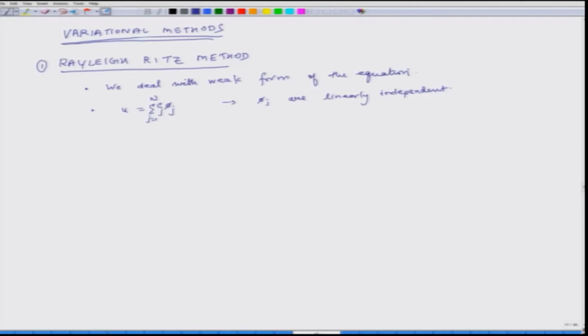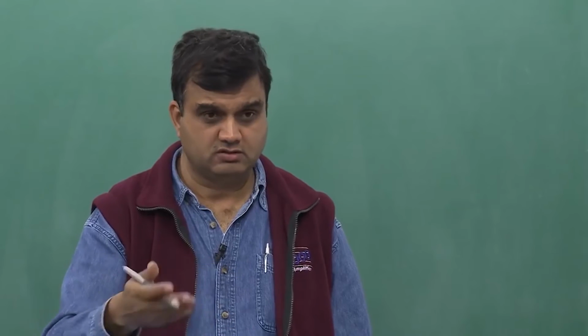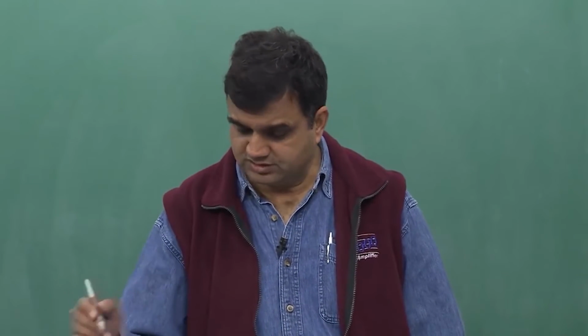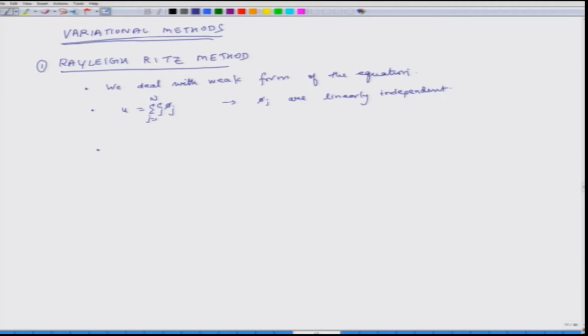Otherwise, we will get simultaneous equations, n equations in n unknowns, but when we start solving it, we will not be able to solve for the unknowns. The third thing is that in the Rayleigh-Ritz method, W is nothing but phi_i.